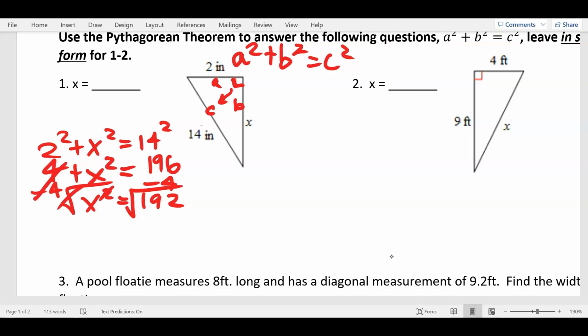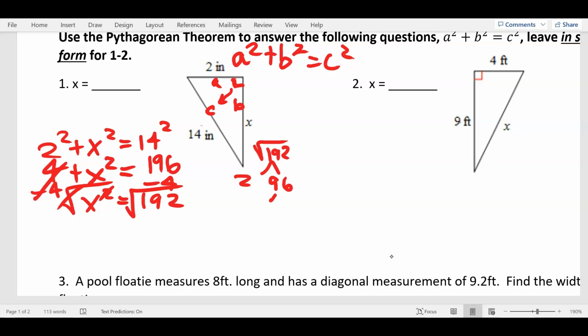Now, square root of 192. Let's do that. It's even, so it's 2 times, and when I find half of 192, I get 96, I believe.